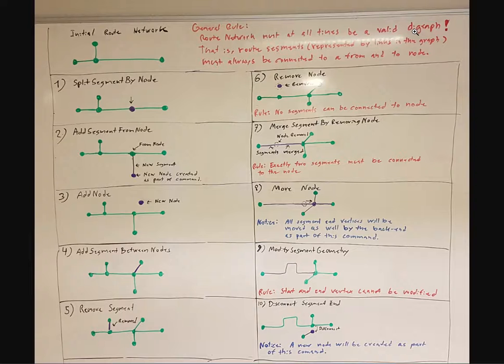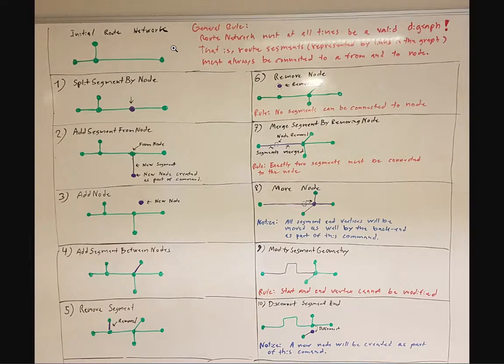So one node can have many connections to many links or segments, and there's direction on it. So we have the from and to direction. In a graph world, it's called incoming and outgoing or something like that. But it's the same thing.